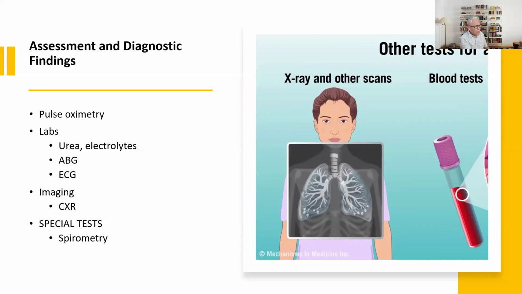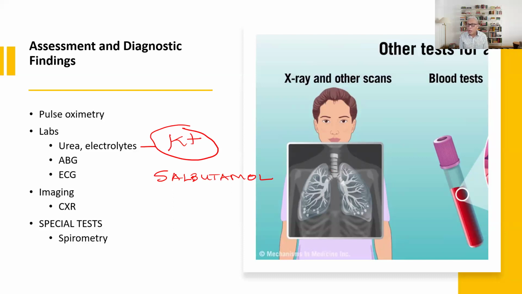The electrolyte we are interested in is serum potassium. I'd like you to remember this because it is a very, very common question in the NCLEX. A drug that we use, salbutamol in particular, causes hypokalemia.